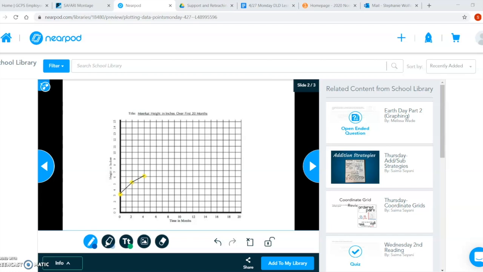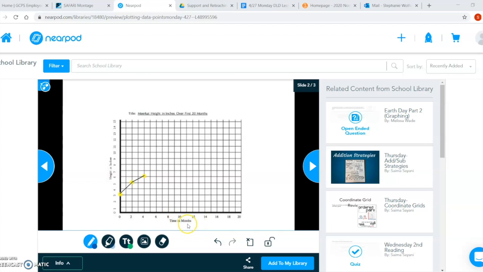So on the first activity, we are plotting the height of meerkats over their first 20 months of life. So if you notice, our x-axis that goes across, remember x is your first point in an ordered pair. And it indicates the direction you go across the coordinate grid.